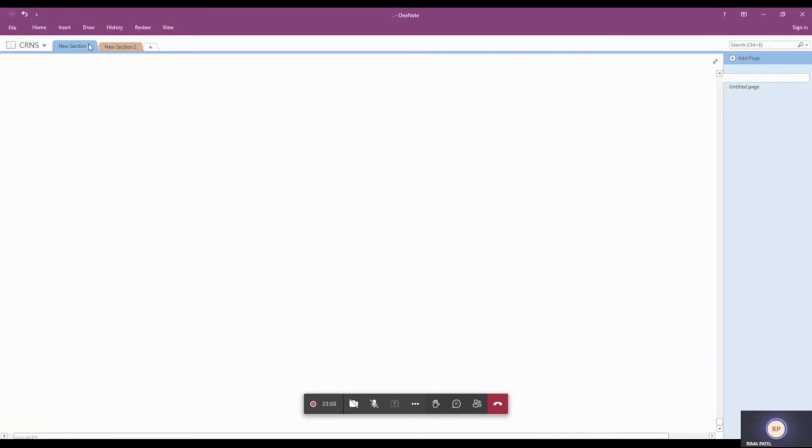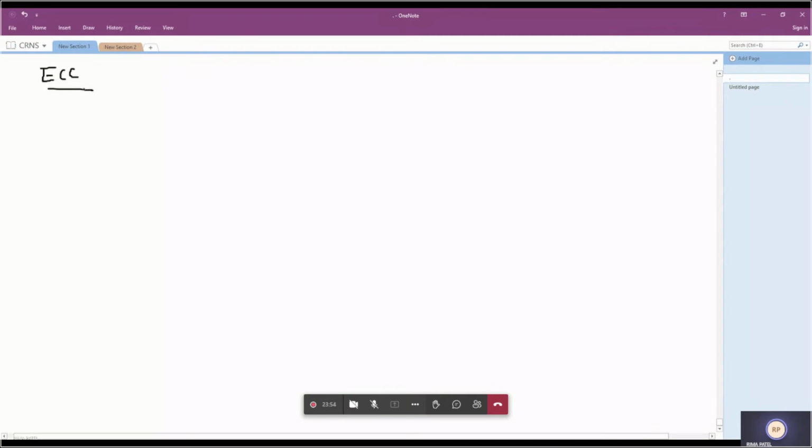The next algorithm that we are going to study is ECC, that is Elliptic Curve Crypto System, right? But before studying ECC, we need to discuss two more concepts of mathematics, that is discrete logarithmic problem and primitive roots. You can just check the dependencies, right?